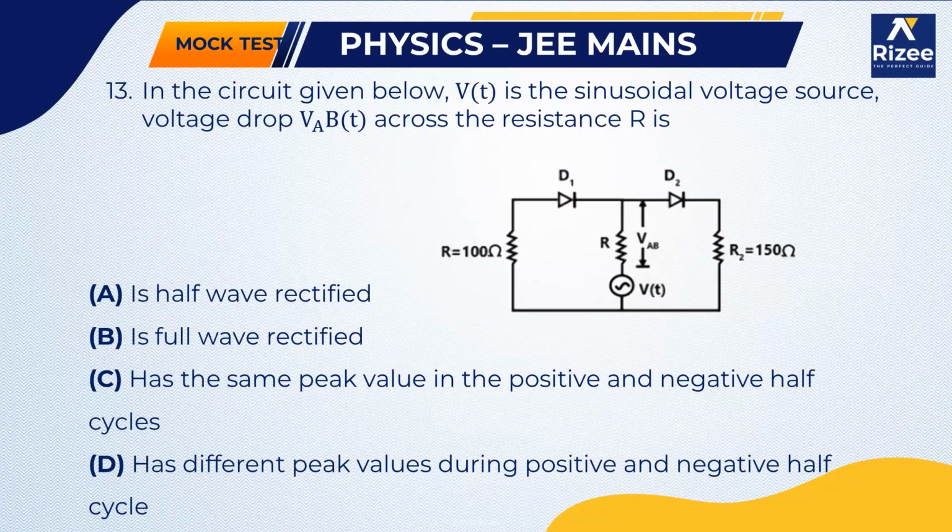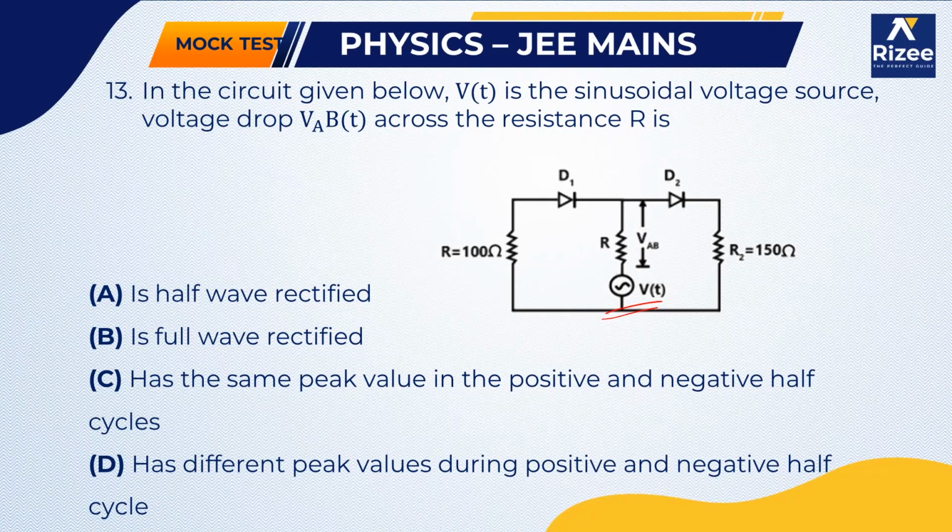So let's go for the next one. In the circuit shown below, Vt is the sinusoidal voltage that is given, and the voltage drop across the resistance is asked, V of Bt.